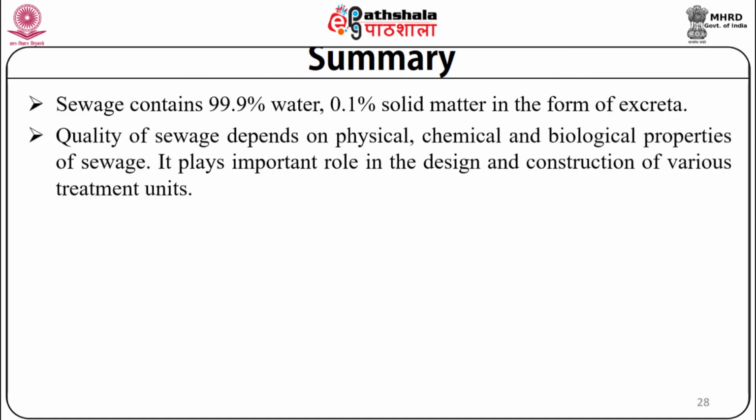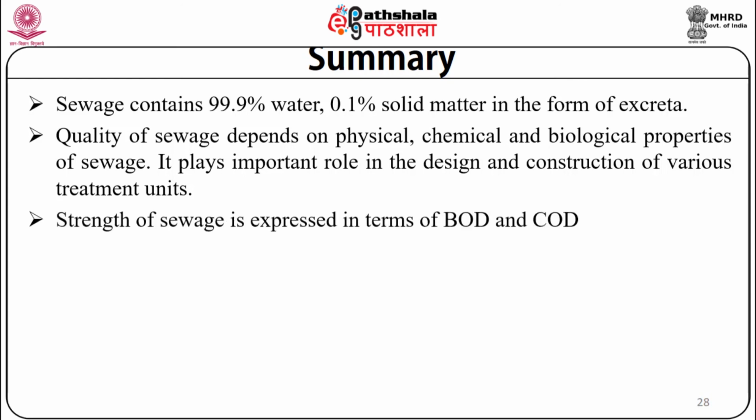Quality of sewage depends on physical, chemical and biological properties of sewage. It plays an important role in the design and construction of various treatment units also. The strength of sewage is expressed in terms of biological oxygen demand and chemical oxygen demand.